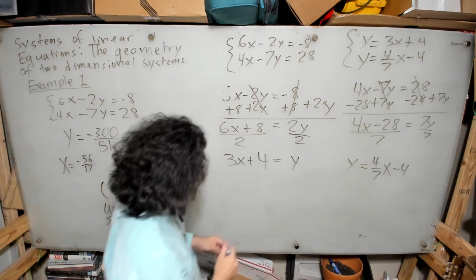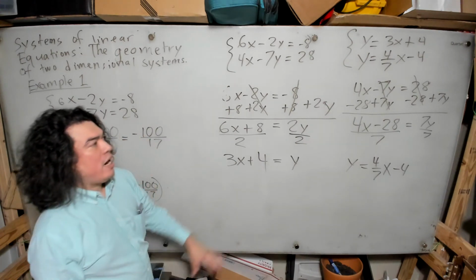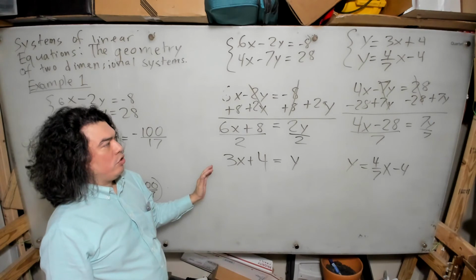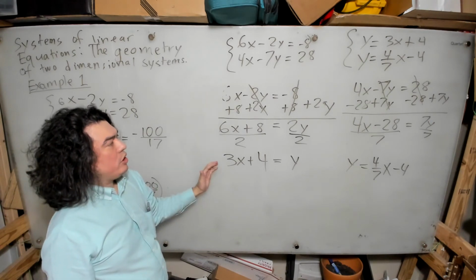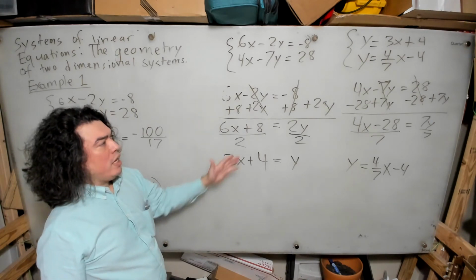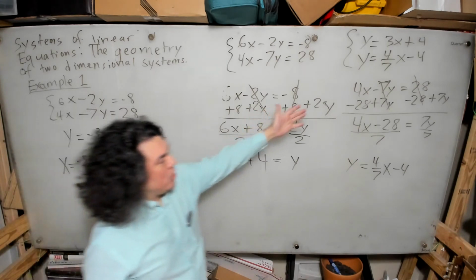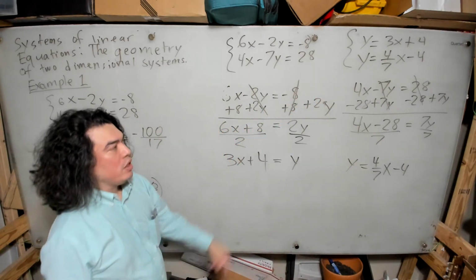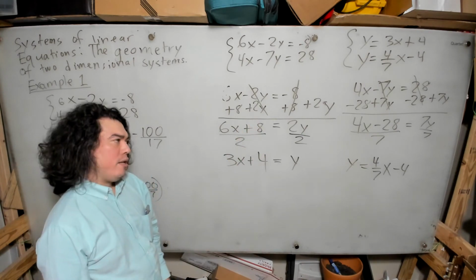Now you observed here that because I used the rules of algebra to transform this equation into this equation, they represent the same line, okay? Same thing with that situation over here.